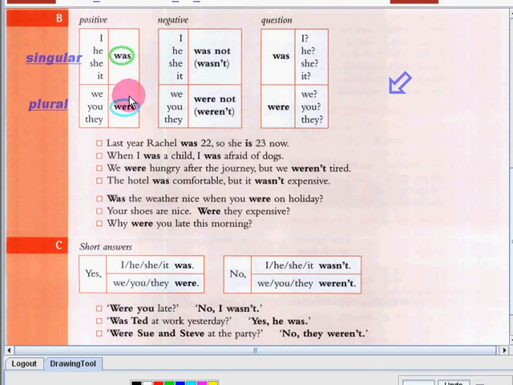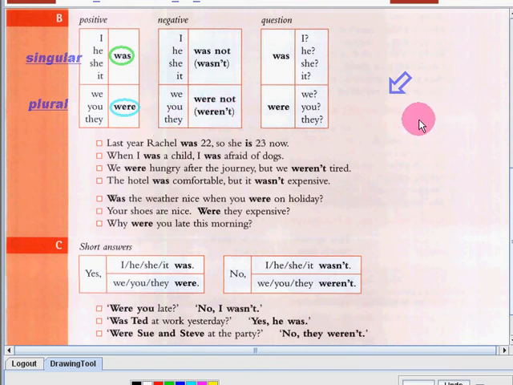Like before, we will use the plural form of the verb were, but we will just add not so we can make a negative sentence. Let's read the following. We were not. We weren't. You were not. You weren't. They were not. They weren't.